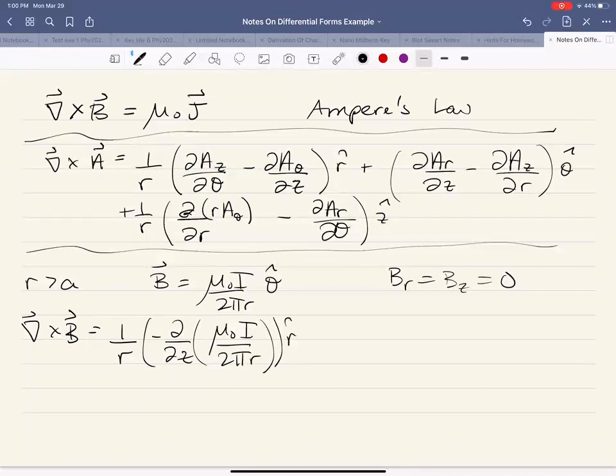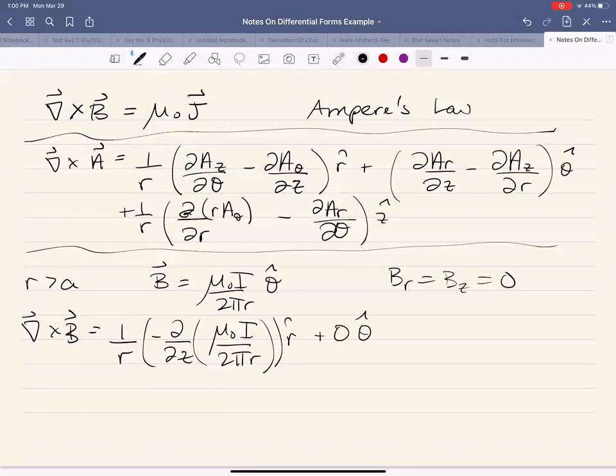Now let's look at the second term, the theta hat term. That's partial A_r with respect to z minus partial A_z with respect to r. That bit just has r and z components, and we don't have that here because B_r equals B_z equals 0. So I can just say plus 0 theta hat, no problem. Nothing there is going to contribute.